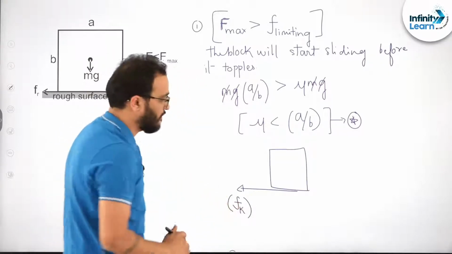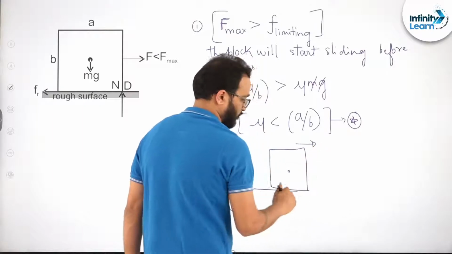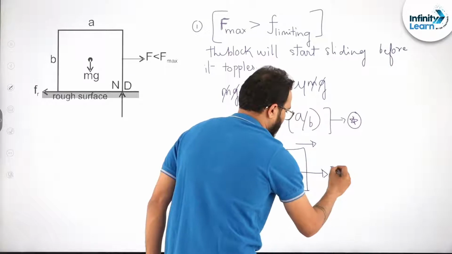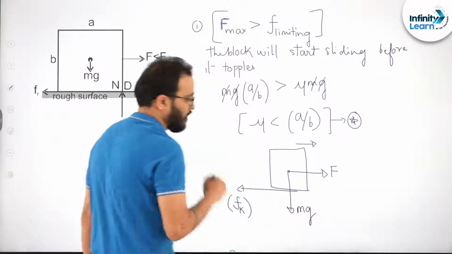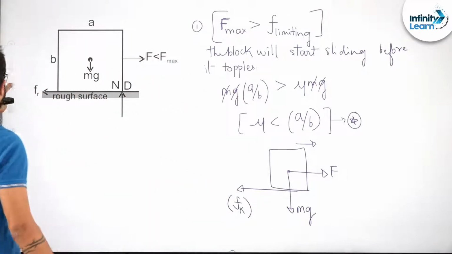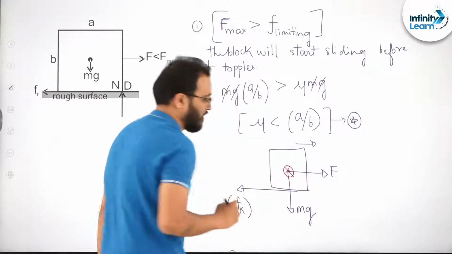Friction is constant, right? And the block has already started sliding. The block is moving right now. So this is your capital F. This is your mg. Now, instead of taking this point as your axis, we can take the center of mass of the body as our axis of rotation.